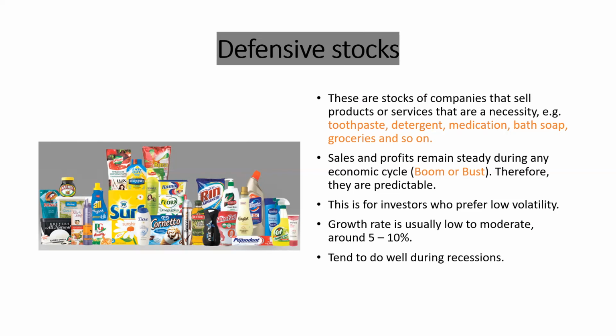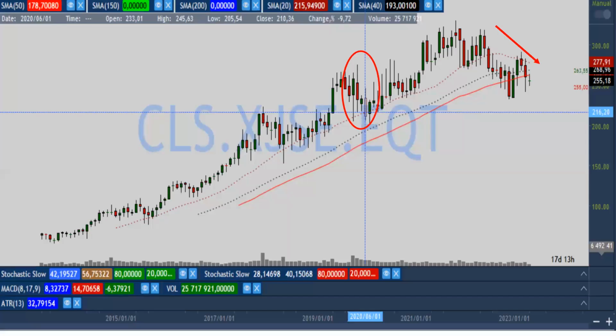And I'll show you just a typical trend of a defensive stock. This is Clicks, which is listed on the JSE. You can see that the price has been steadily going up over time. It's been very stable, and it's been held by this 20 simple moving average, which has been a very, very strong support. And even during the 2020 market crash, you can see that it only retraced slightly, recovered and carried on upwards.